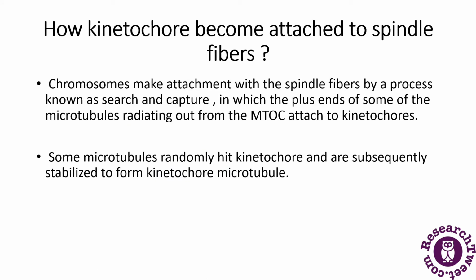Next is how kinetochores become attached to the spindle fibers. The chromosomes make attachment with the spindle fibers by a process known as search and capture, in which the plus ends of some of the microtubules radiating out from the MTOC are attached to the kinetochores.